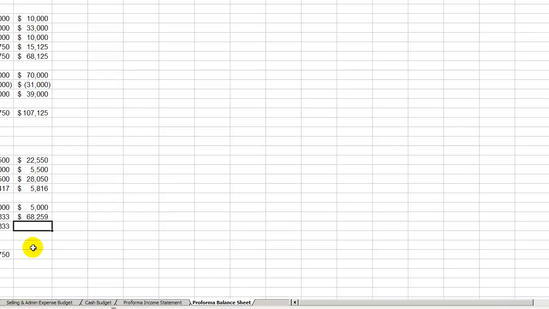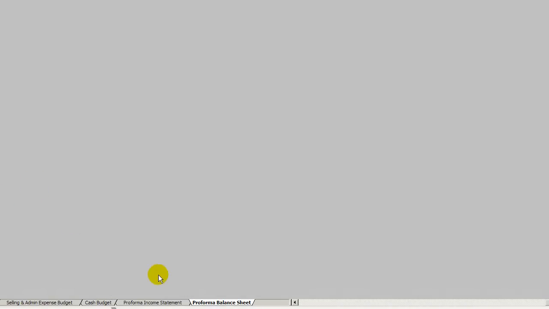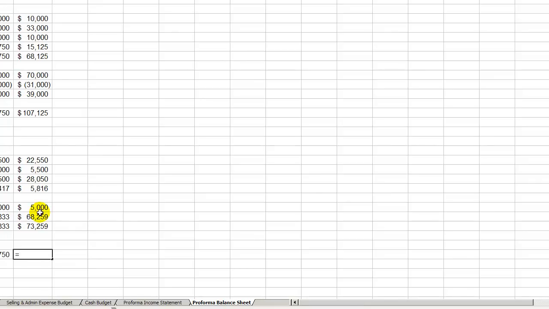So your total stockholders' equity is a sum of common stock plus retained earnings, and your total liabilities and stockholders' equity is equal to your current liabilities plus your long-term debt plus your stockholders' equity. Notice again, assets equal liabilities plus stockholders' equity.